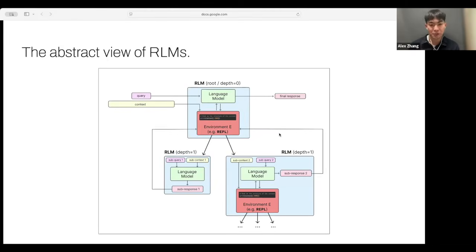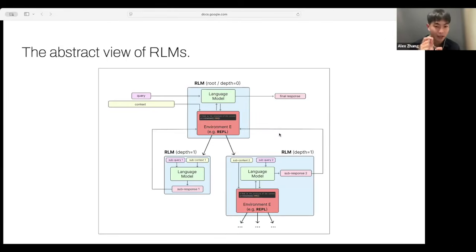Maybe it is a description of a wrapper on top of a language model. What this is doing is it calls the language model inside of some kind of interactive environment. In this interactive environment, the language model can basically call itself, or call another language model, to do anything in this environment.